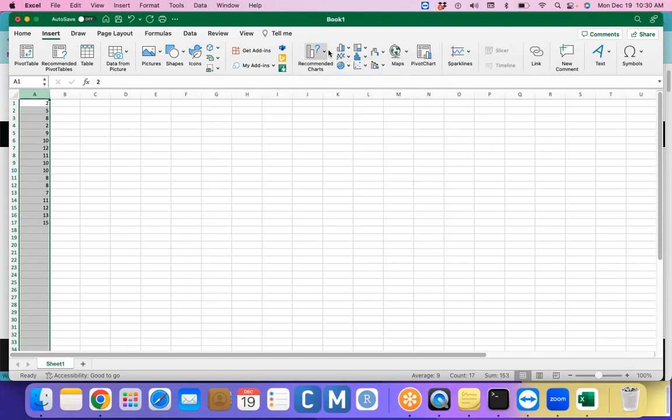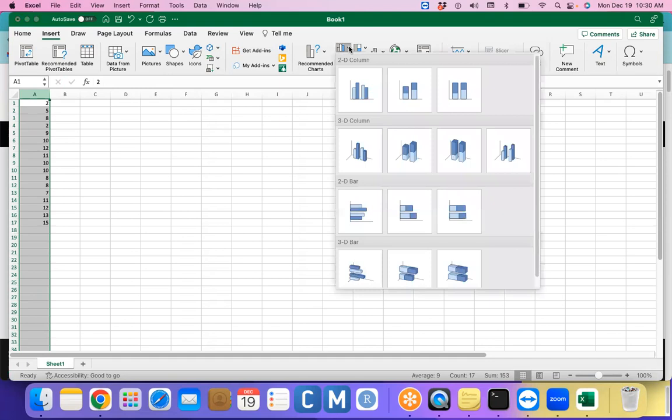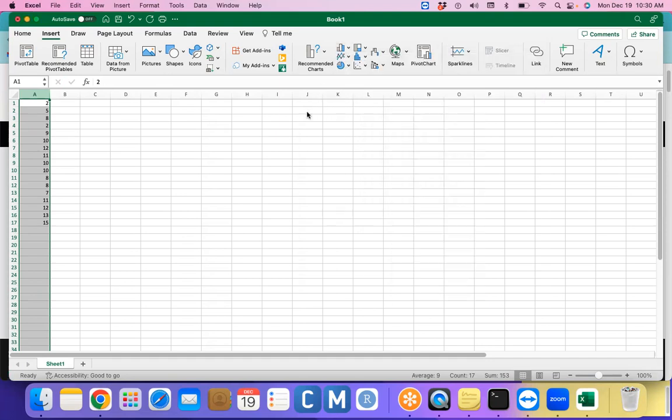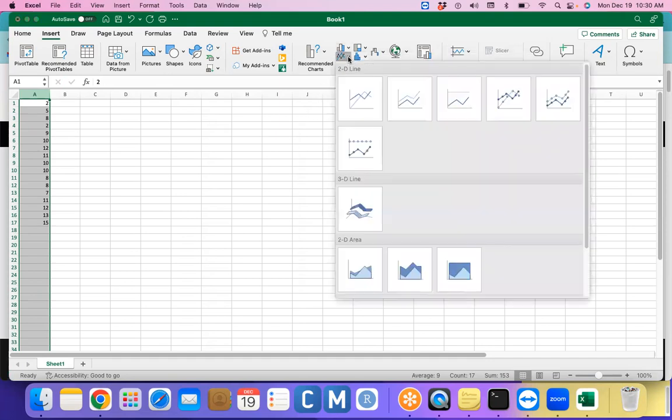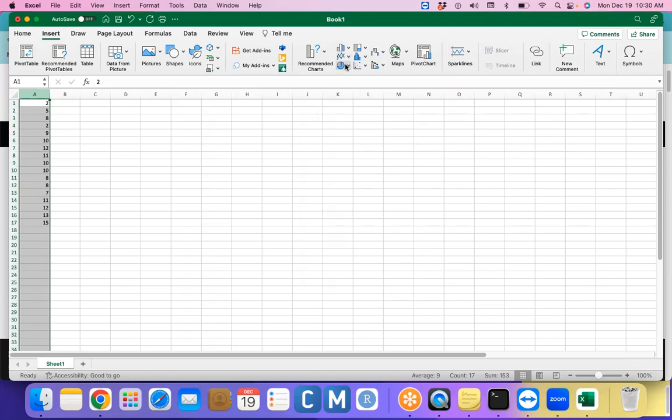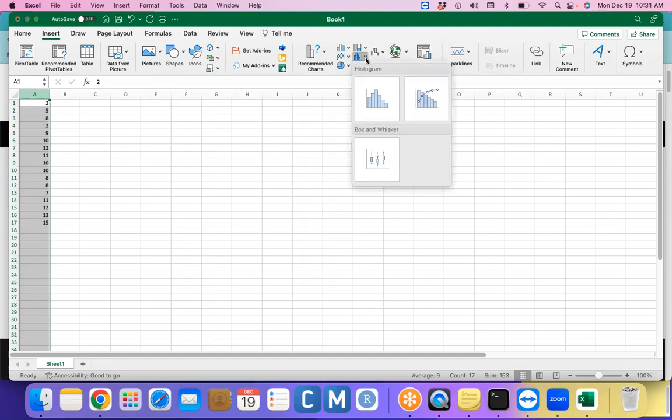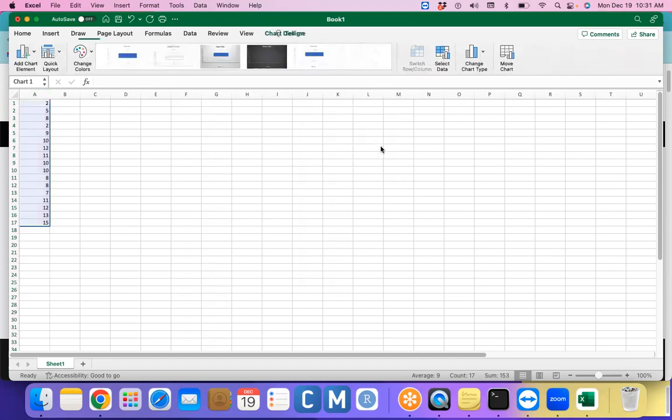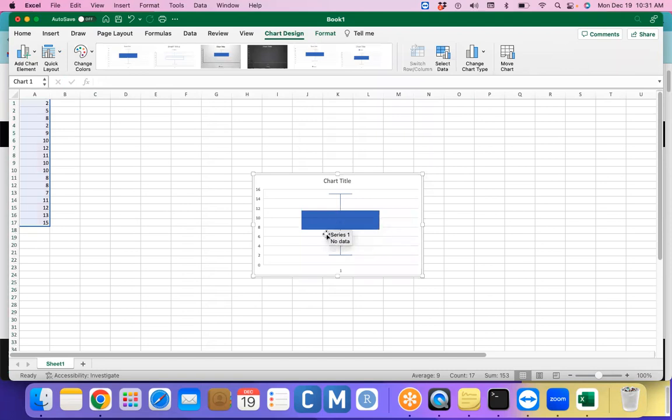This is not box plots, this is a pie chart. Might have it. Yes, here we have it. See, this is the graph we are calling the box plot.